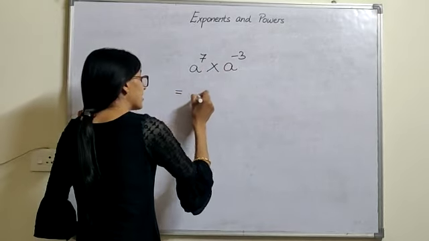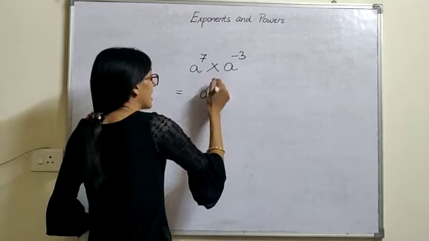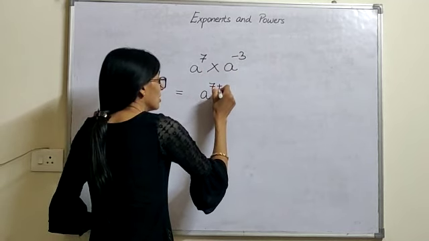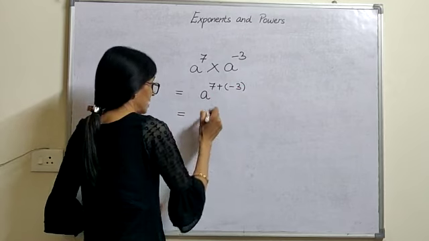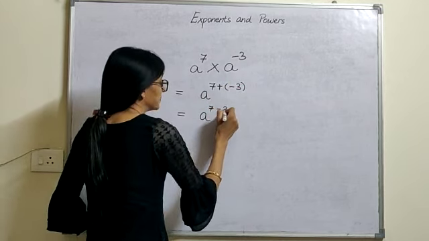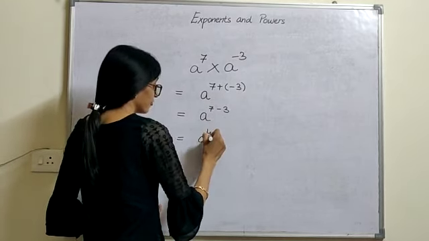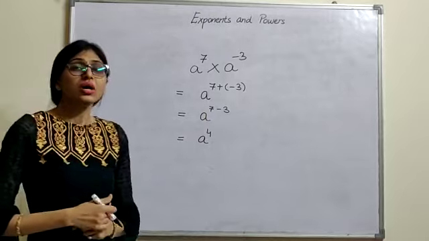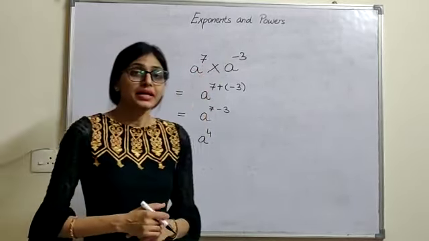So the base is same, we can write the base like this. Powers are added. So add the powers. 7 plus minus 3, 4. So this will be your answer. When the base is same, powers are added.